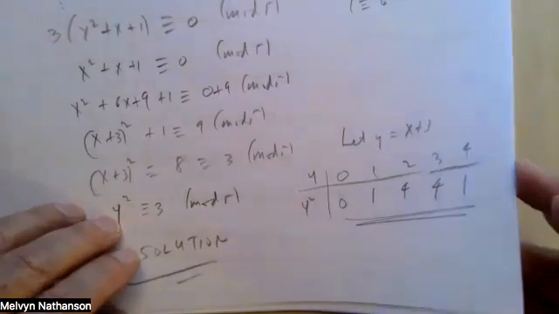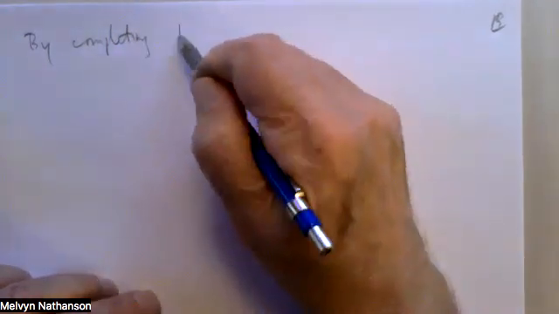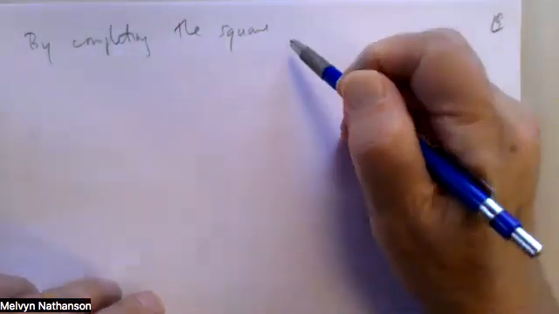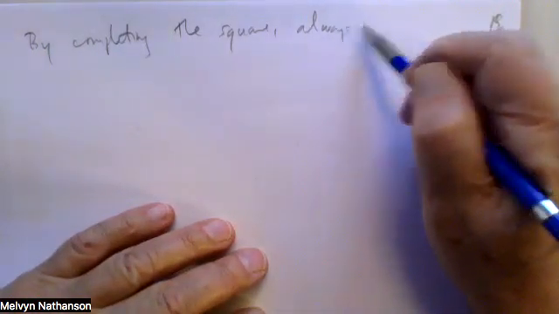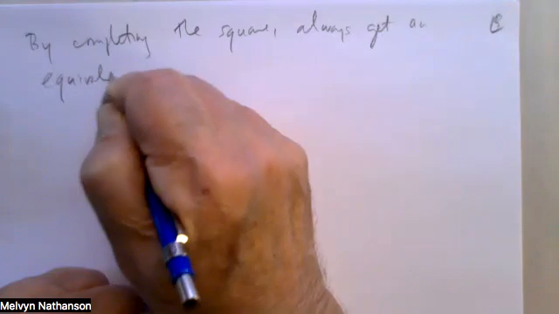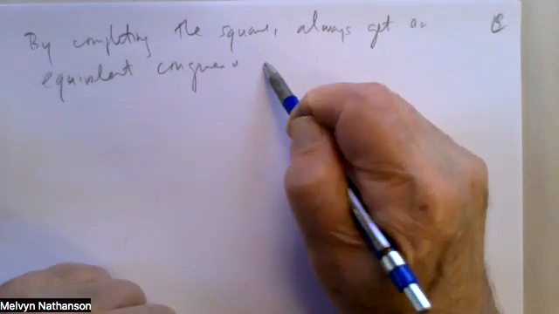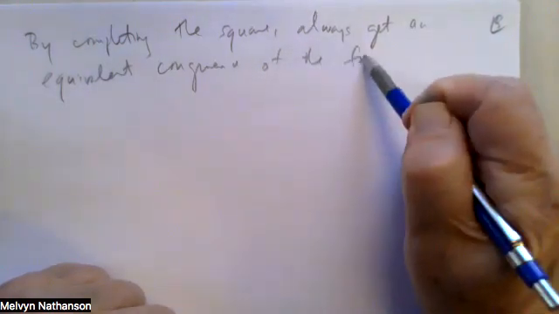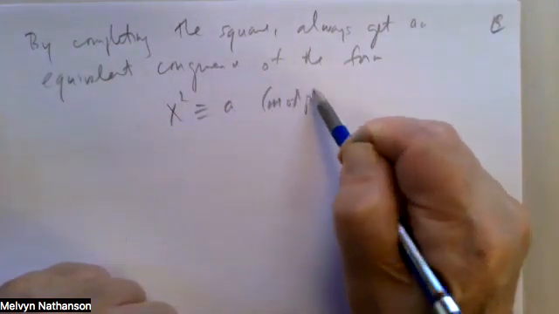But the moral of the story is, by completing the square once or twice or as many times as necessary, you can always get an equivalent congruence that has the same solutions as the original quadratic equation, of the simple form x squared congruent to a mod p.